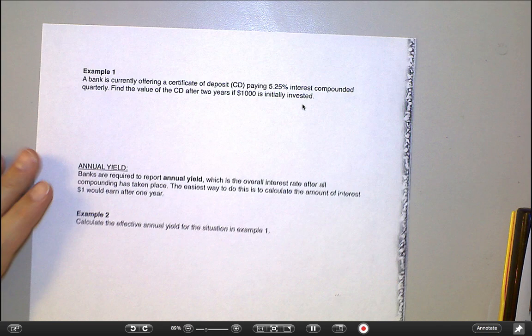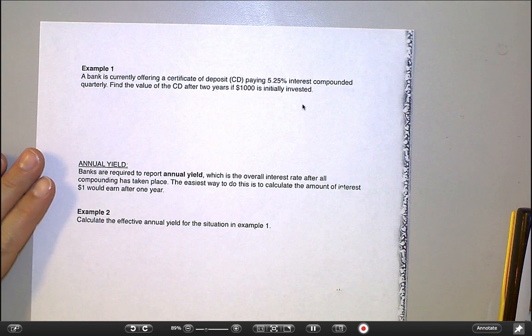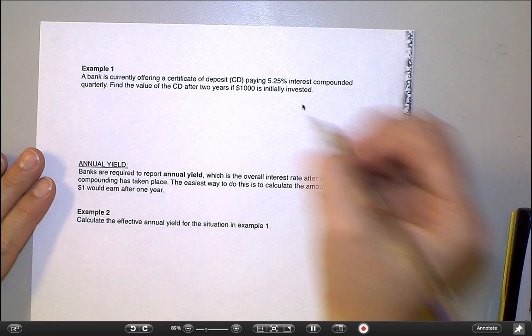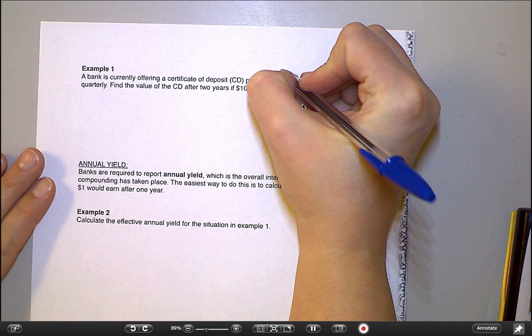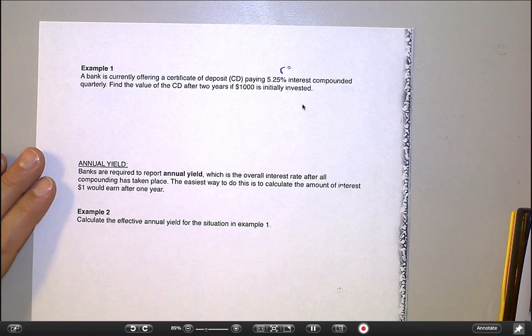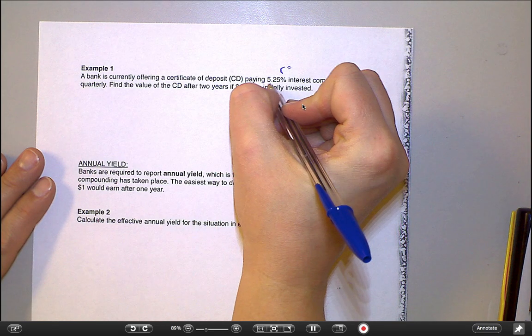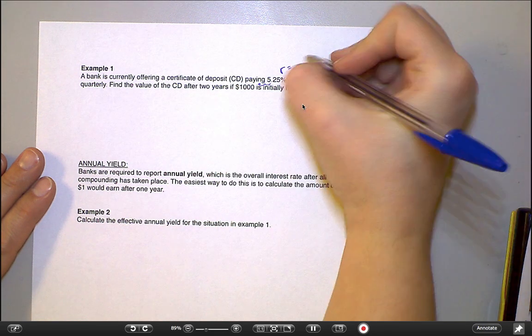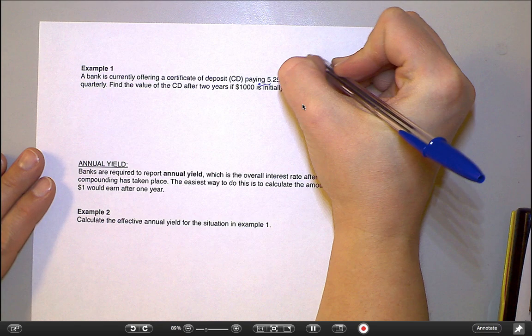So let's dive in and actually try one of these. Example 1: a bank is currently offering a CD, which is like a savings account, paying 5.25% interest. As soon as I see that, I know that's my R value, but I do have to make that a decimal. I know it looks like a decimal already, but you do have to slide the decimal point 2 to the left. So I'm going to make that 0.0525.